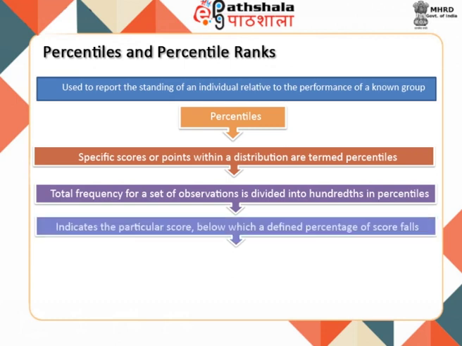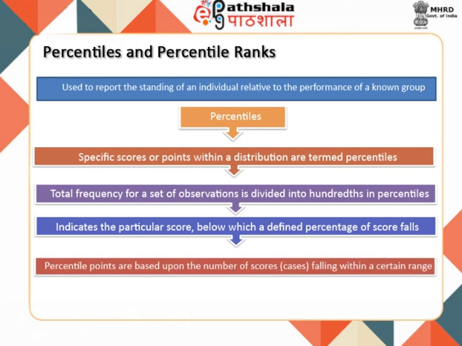It indicates the particular score below which a defined percentage of scores falls. Percentile points are based upon the number of scores, cases falling within a certain range. Hence, the distance between any two percentiles represents a certain area under the curve, that is, a certain number of cases, N upon 100.